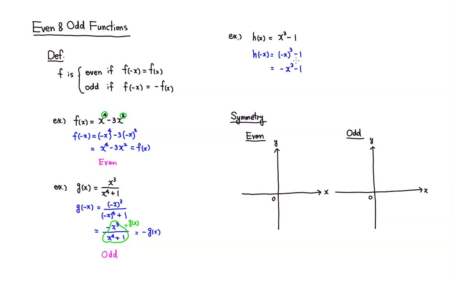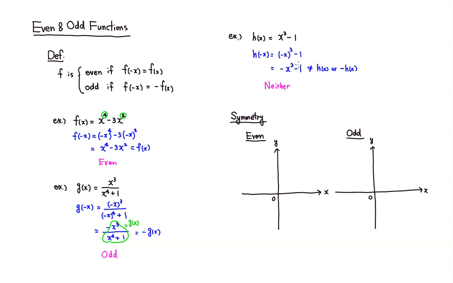You can see that this is not the same as the original function or the negative of the original function. So these are not the same as h of x or negative h of x, which means that this is neither even nor odd.